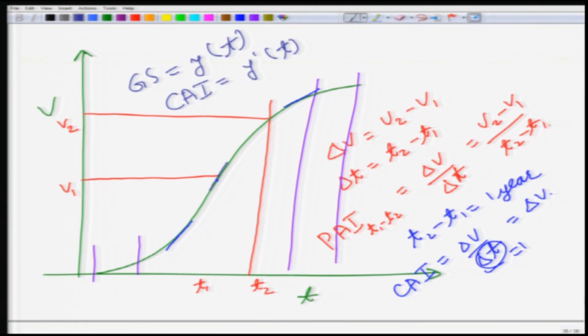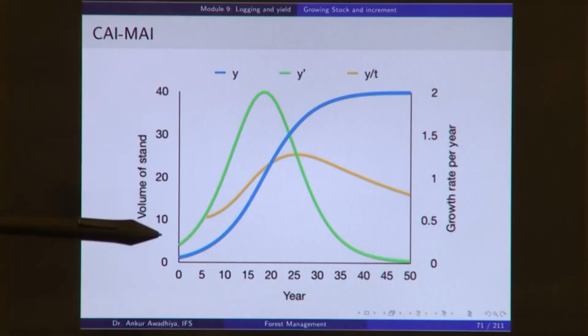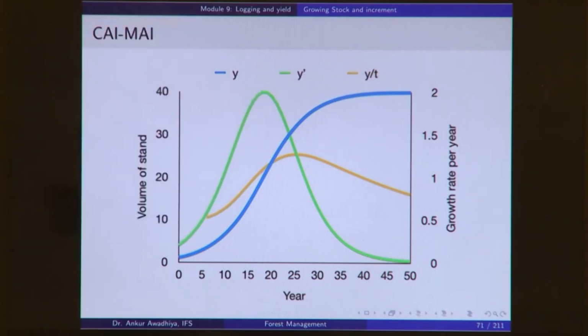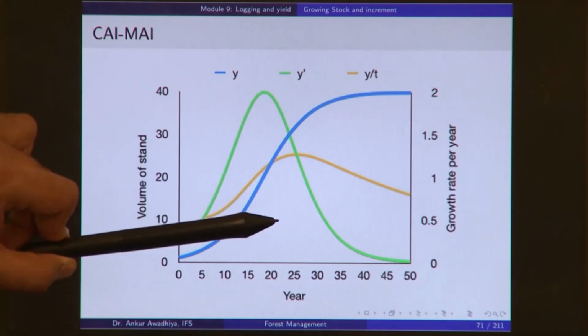This is how it will look. So, this is our curve y, which is the sigmoidal curve represented here in blue. Now, if we look at the CAI, or the differential of this curve, the CAI at this point is very less, because the slope of the curve is very less.